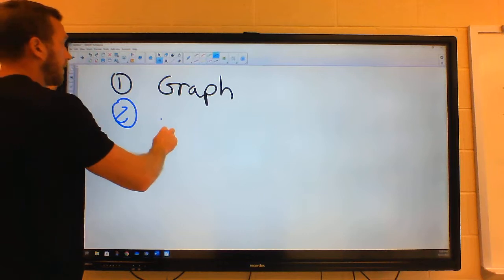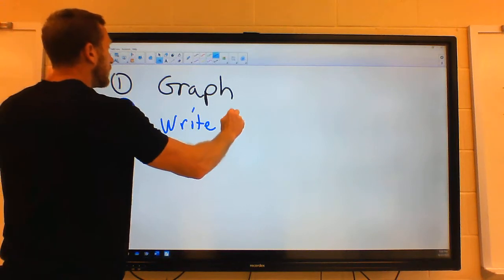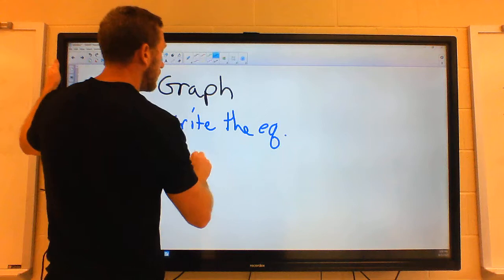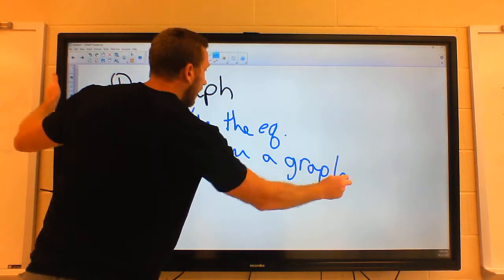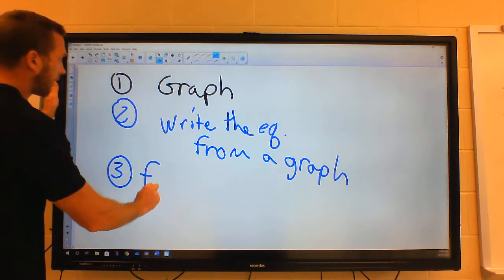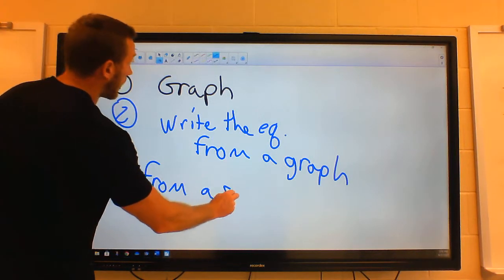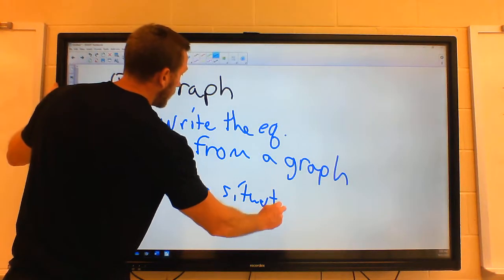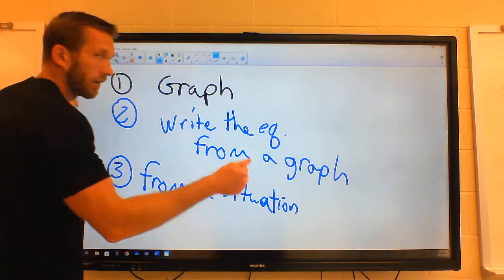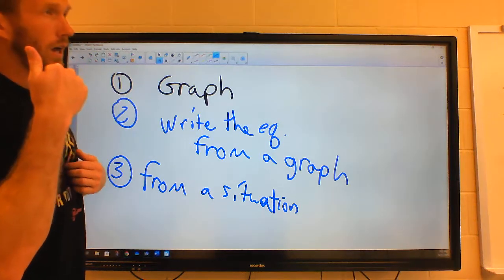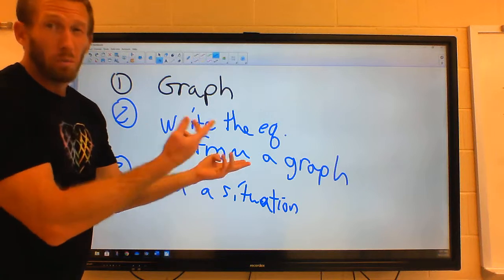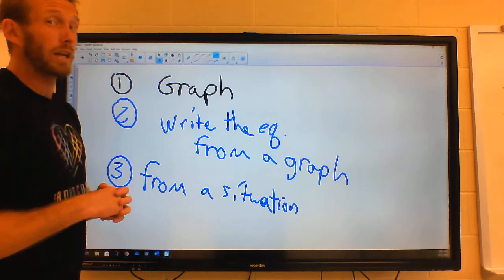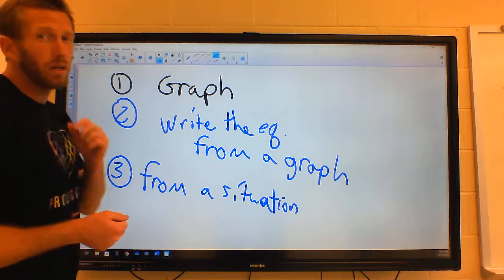You have also learned how to write the equation from a graph and also from a situation. That's like a word problem where I gave you just now the point, the slope and the intercept, or I gave you the slope and another point, or I gave you the slope, I gave you 2 points. So that would be like a summary of what we just worked on, okay?